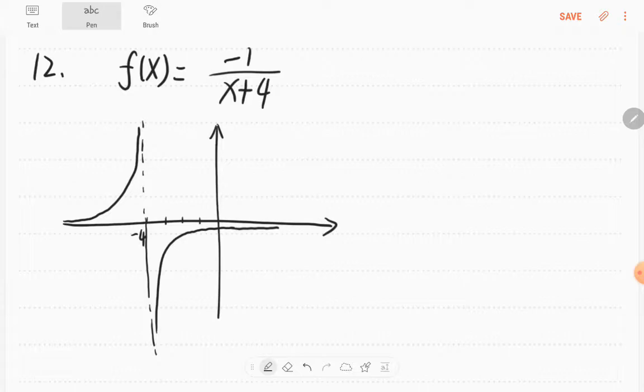It asks you to find the domain from the graph. You can see from the graph, there's a vertical asymptote at -4, so x cannot be equal to -4, right?